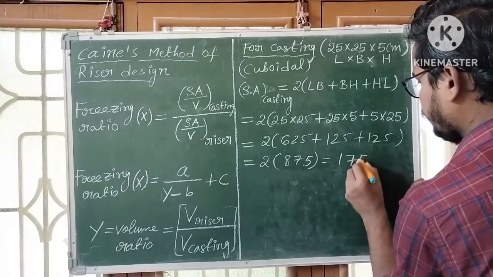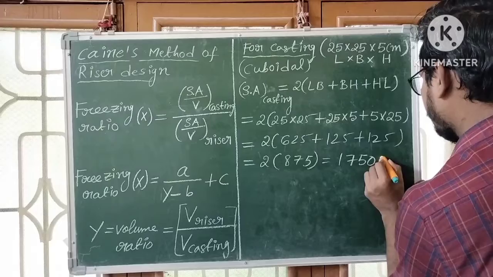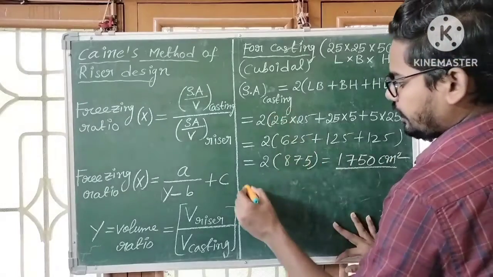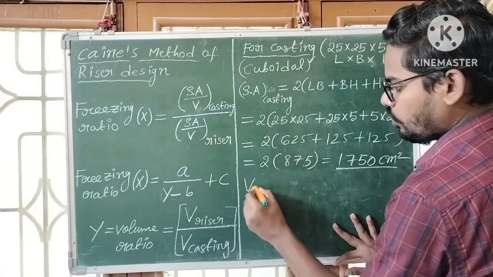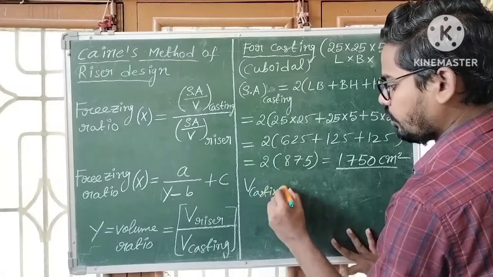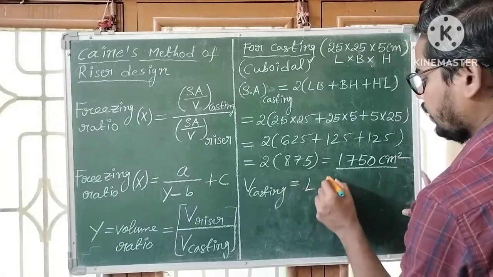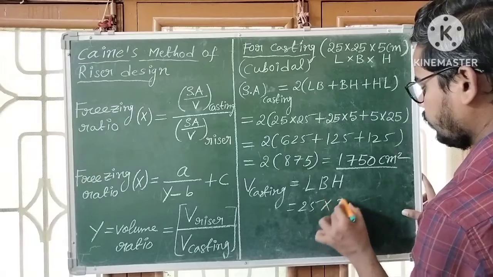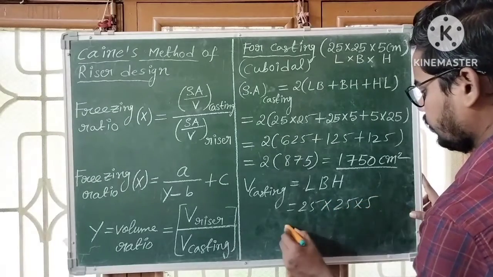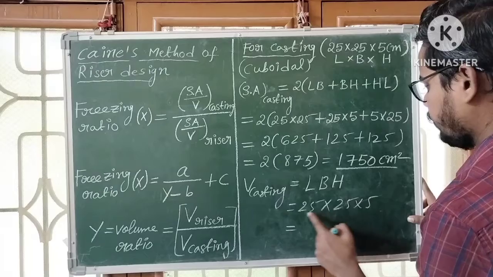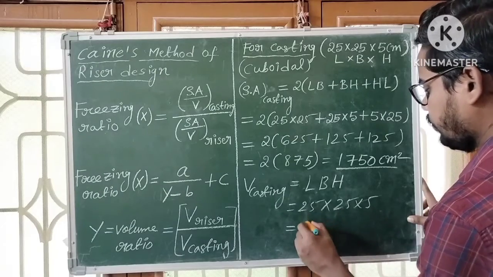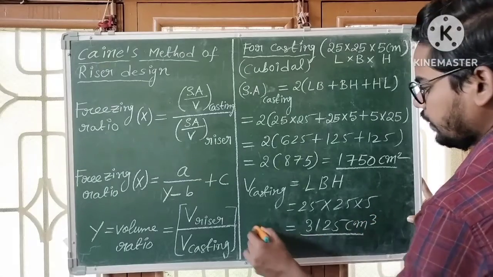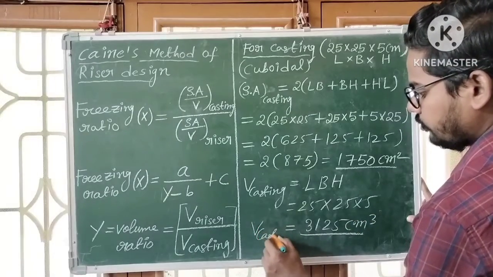So 2 into 875 gives 1750 square centimeters of surface area. Next we need the volume of casting. Volume of a cuboid is length into breadth into height: 25 into 25 into 5, which is 625 into 5, giving 3125 cubic centimeters. This is the volume of casting.